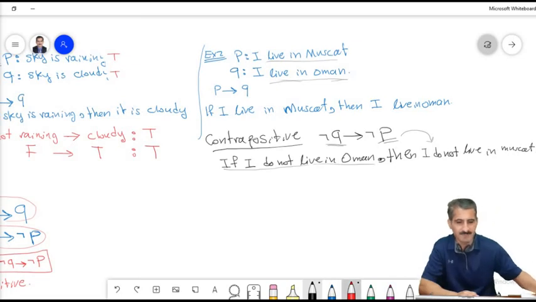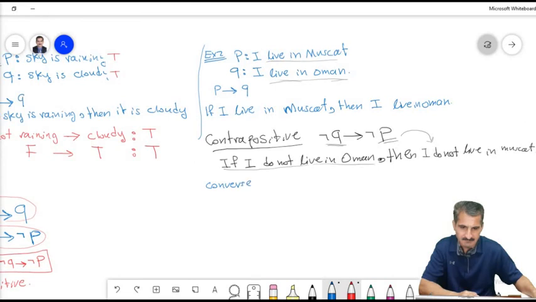Okay? Now, what about the inverse? What next we learn? The converse. The converse was changing the places only. So the converse will be Q gives P. Now what is Q? Q, I live in Oman.